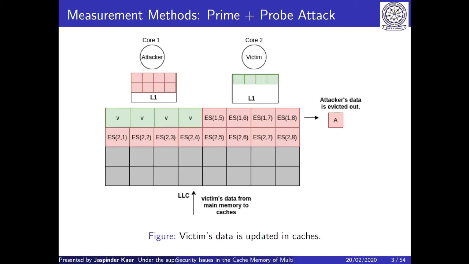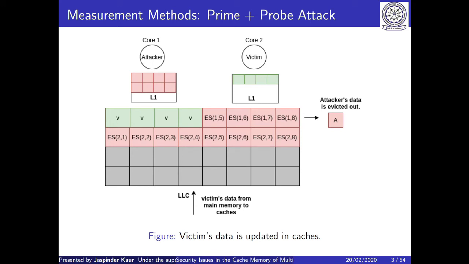That means we'll remove some blocks from this. Suppose the victim requested 4 blocks, then 4 attacker blocks will be removed from here, and in place of the attacker blocks we will place the blocks of the victim. But to do this, one more thing we have to do, because if we remove some attacker block from the last level cache, then to maintain the inclusive property of cache, we have to remove those blocks from the L1 cache also.